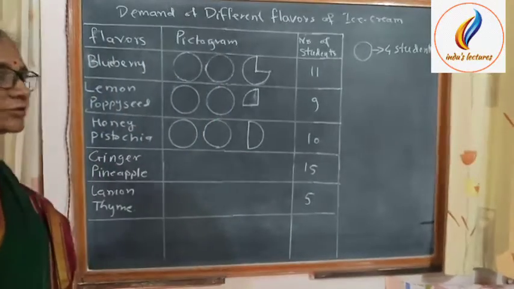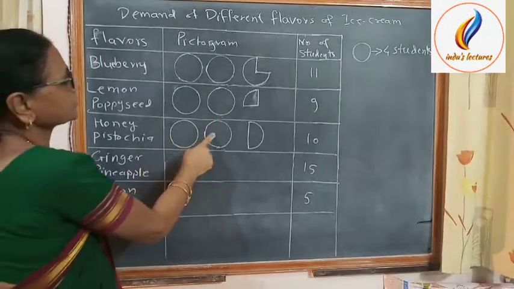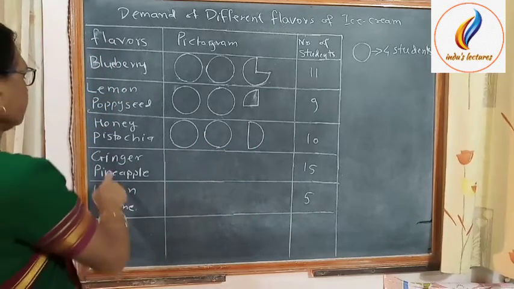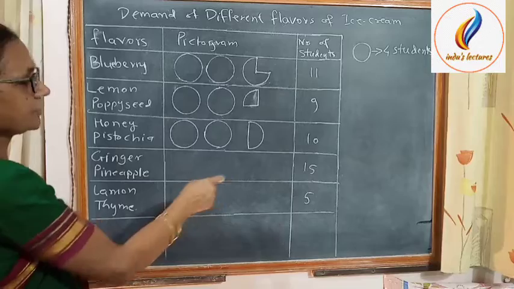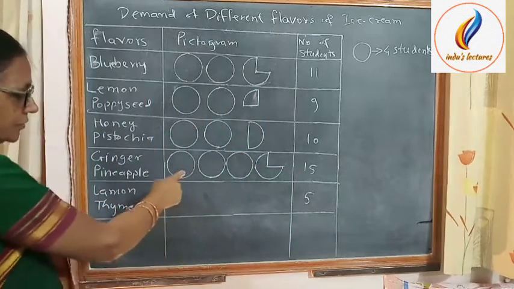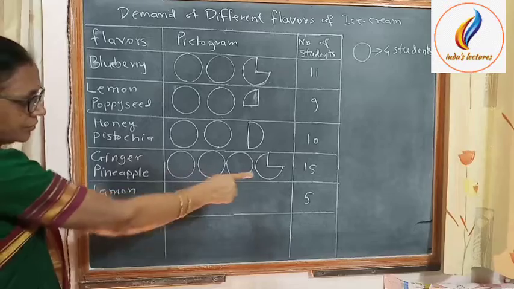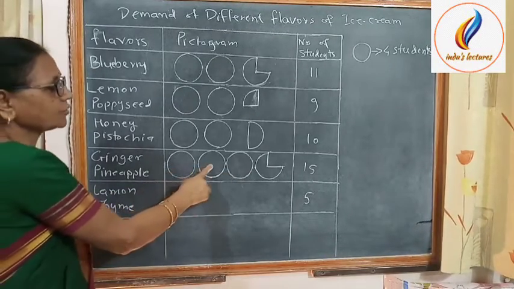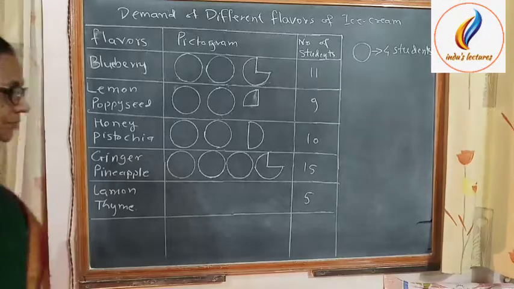For honey pistachio, 4 plus 4 plus 2, that means 10. And for ginger pineapple, this picture is for representing the frequency 15: 4 plus 4 plus 4 plus 3, that means 15.